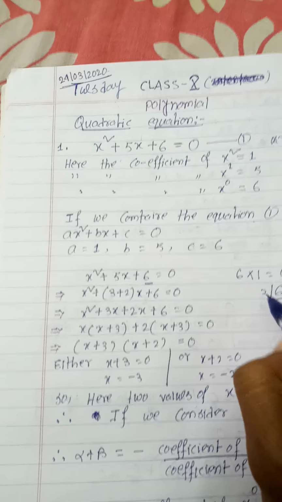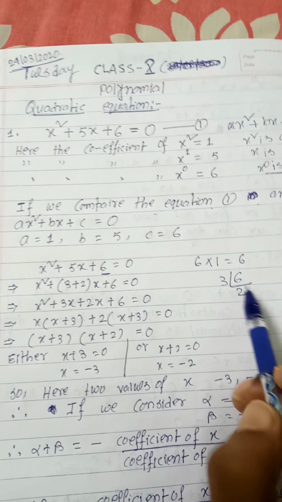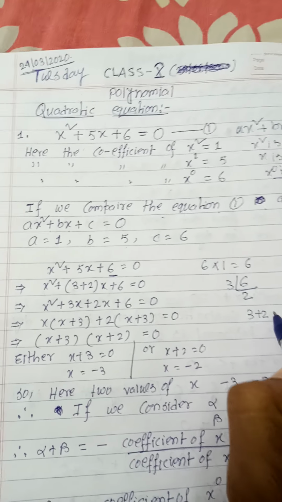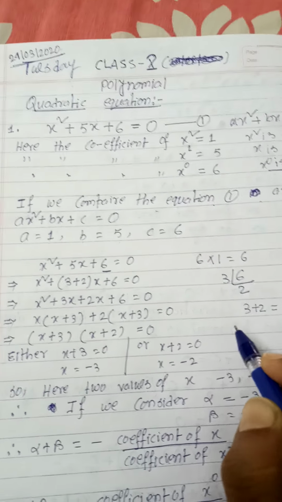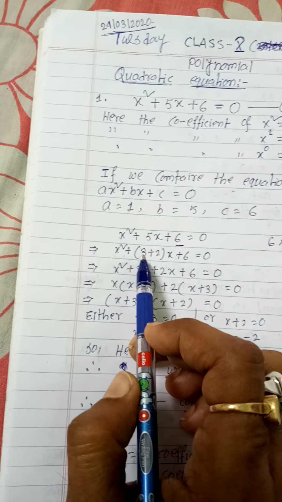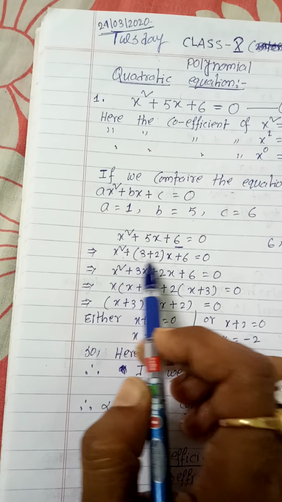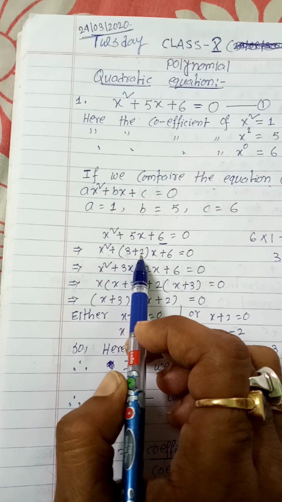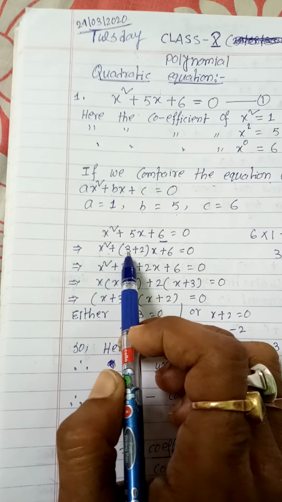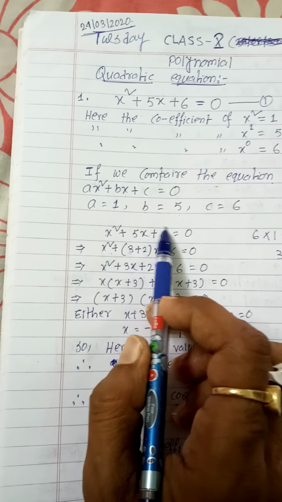By prime factors we see 3 and 2. If we add 3 plus 2 we get 5, and if we multiply 3 and 2 we get 6.